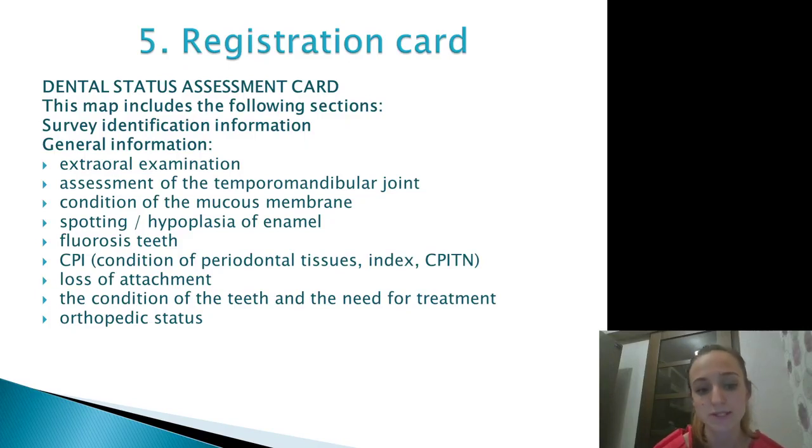And of course, orthopedic status, orthodontic status, you should write in the registration card.